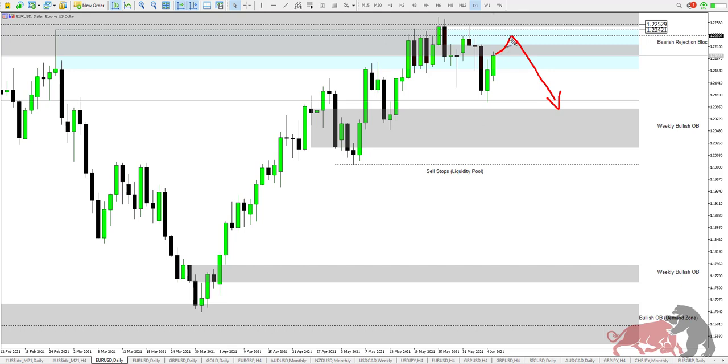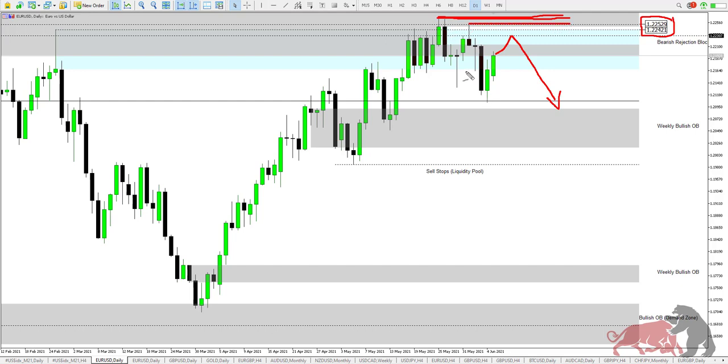But now we cannot ignore these two price points. These are our higher time frame price points. Above here we've got external range liquidity of buy stops. Above here we have internal range buy stop liquidity, inside the range.